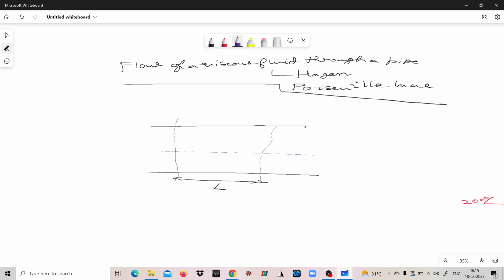Say it is a pipe of uniform diameter, and the radius of the pipe is R and the diameter of the pipe is D. So diameter is nothing but twice the radius.